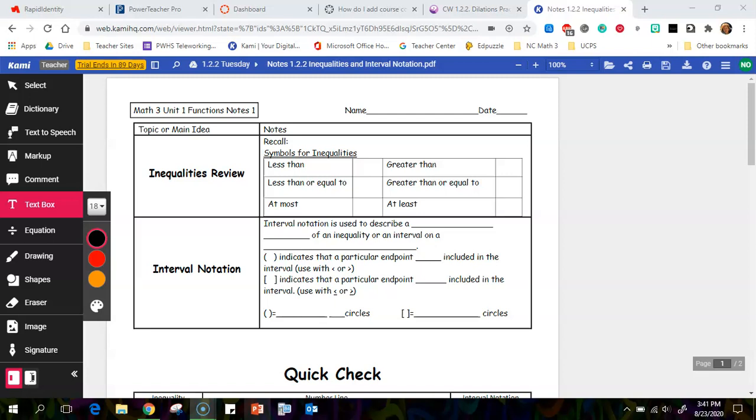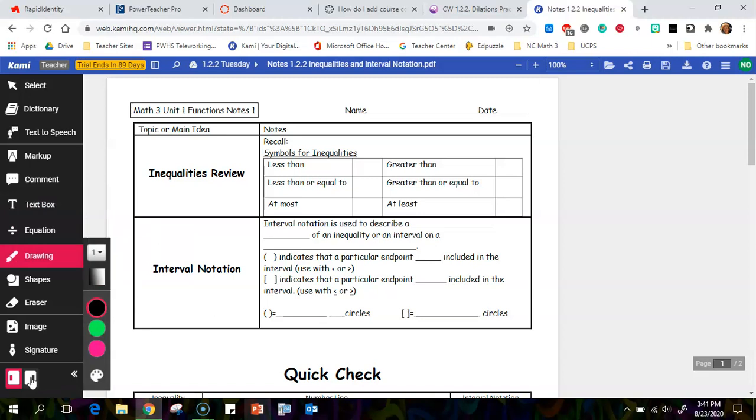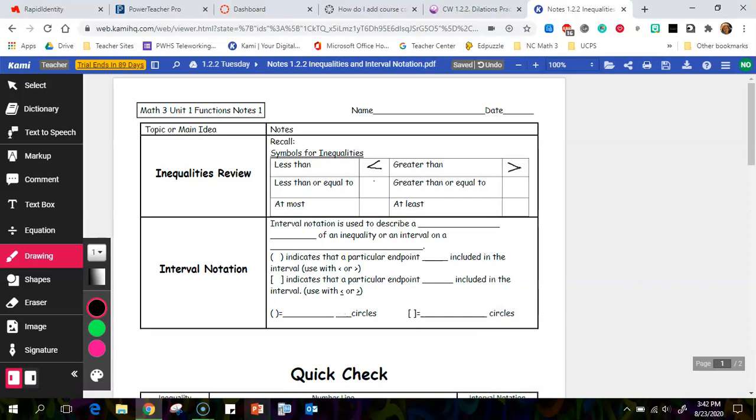Those symbols that you learned were the less than symbol, which is this way, the greater than symbol, and less than or equal to, which means you have the less than with a line under it. And I'm not sure you can do this typing it, so you might need to draw the line underneath this. And the greater than or equal to symbol.